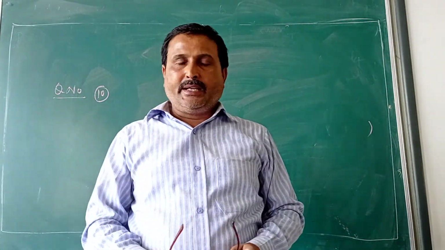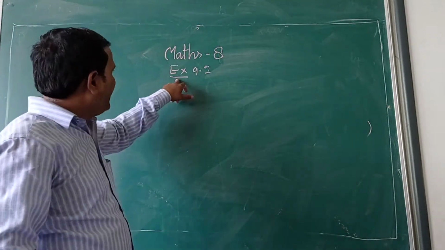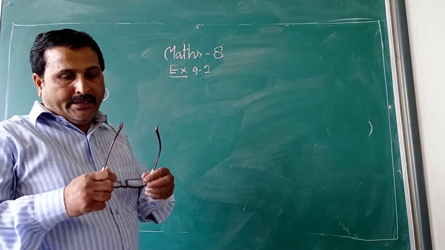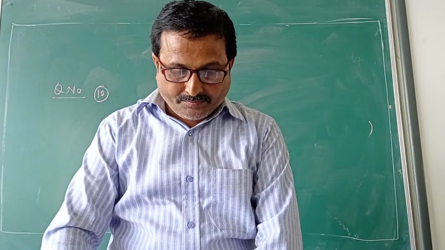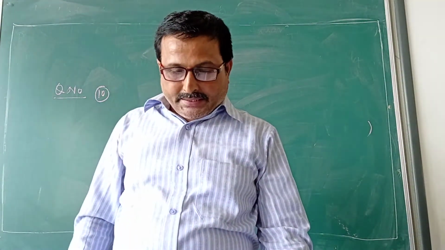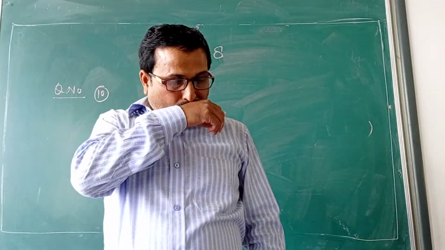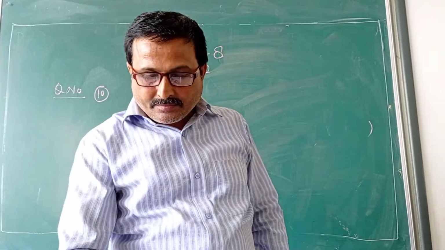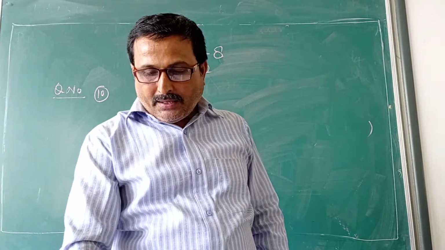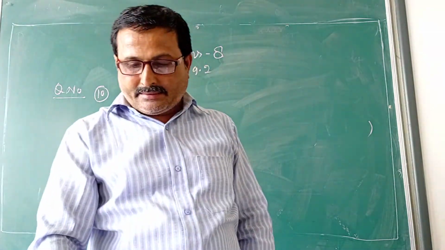Okay? Now see that. I am going to explain exercise 9.2, question number 10. In the 10th question it is given that Anita allowed 4% discount on the marked price of her goods and still earned a profit of 20%.